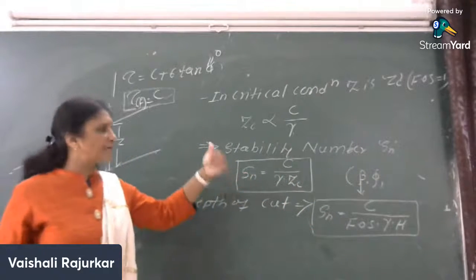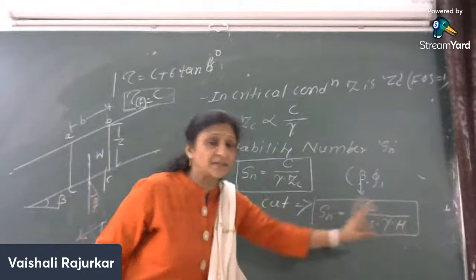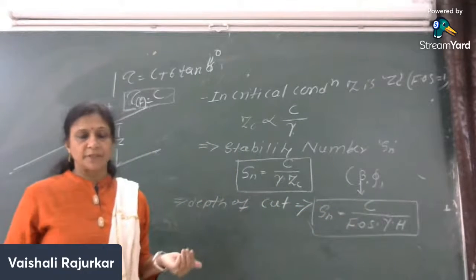ZC is the critical depth. Sometimes ZC can be replaced by H where the factor of safety is more than 1. Right?